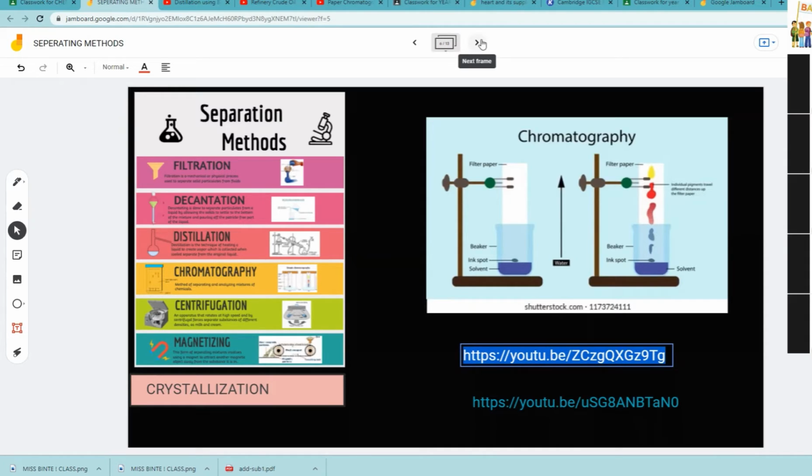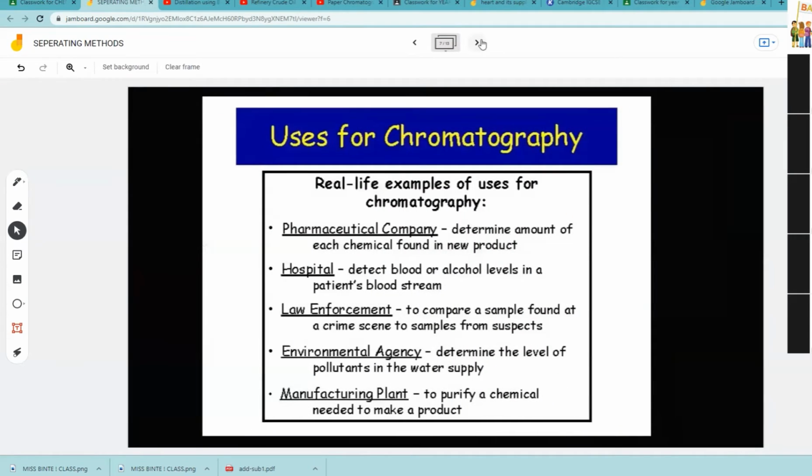Well, it is a complex topic, but for you guys, I will try to make it easy. Remember this chromatography technique is used in different areas of your life, such as pharmaceutical companies, to see which chemical product is found in which medicine, hospitals to detect blood alcohol levels in patients, law enforcement, to compare a sample found at a crime scene with a sample of a suspect, manufacturing plants and environmental agencies.